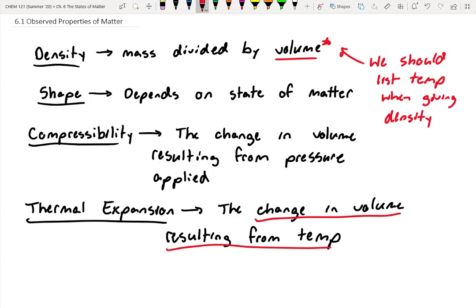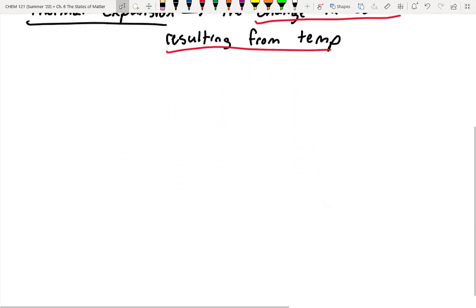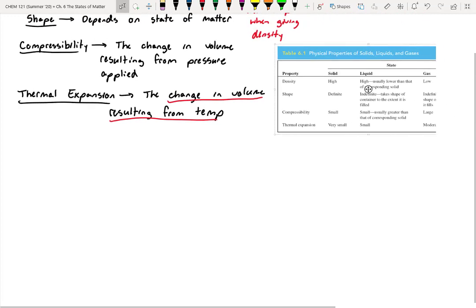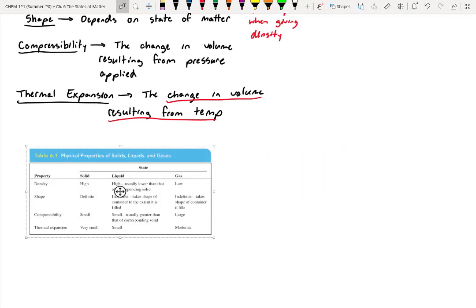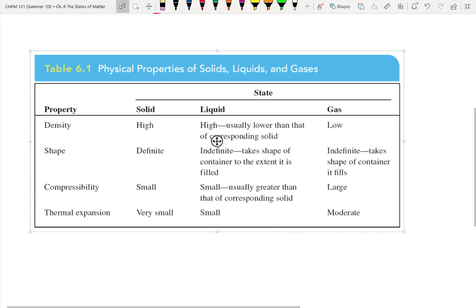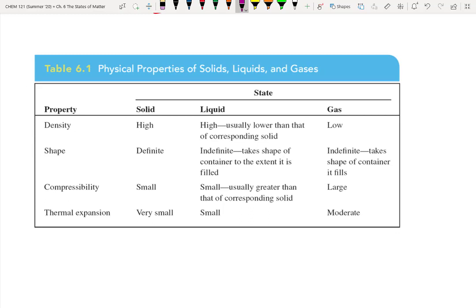All right, so let's go ahead and take a look at this chart from your book. And this chart kind of takes a look at all of these properties and kind of compares them across solids, liquids, and gases. So let's zoom in on this. This is table 6.1. And over here, we've got our solids.